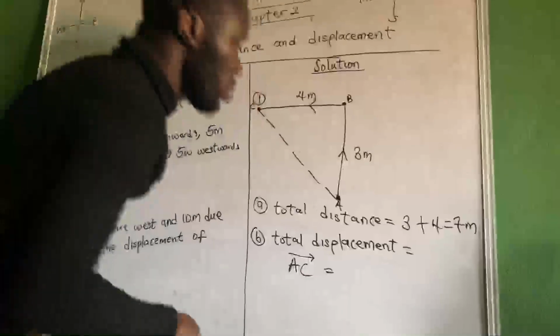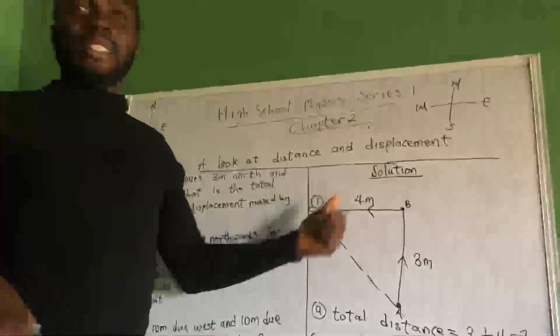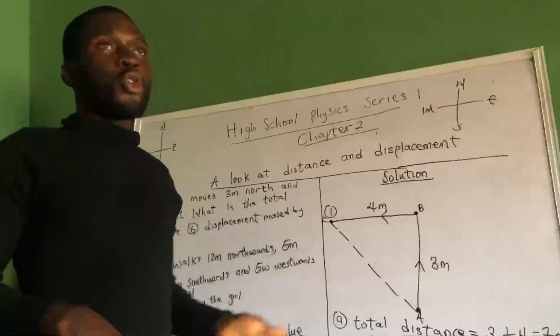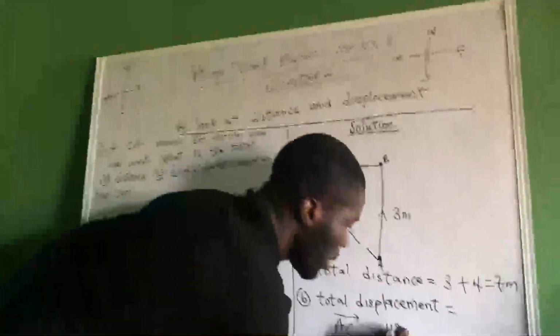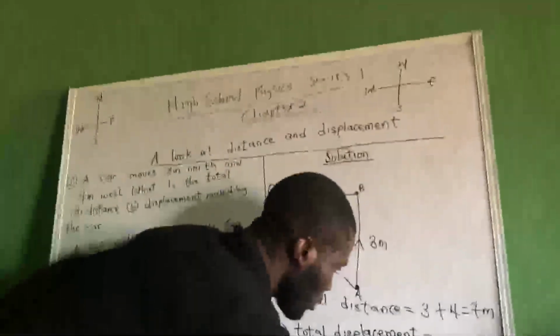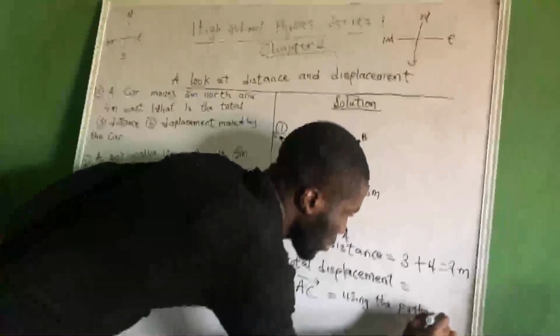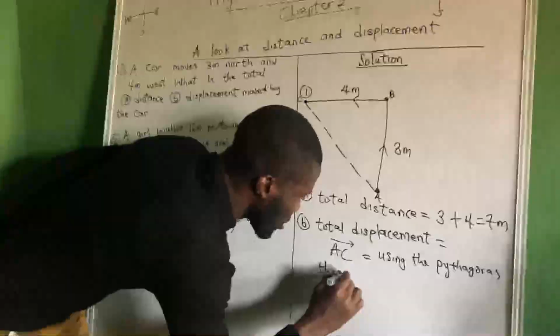Now, equal to what? Now, this is more or less of a right angle triangle. So it is reasonable for us in this case, since we are told to find AC, to use what we call the Pythagoras theorem. Now, using the Pythagoras theorem, and now, what is the Pythagoras theorem?